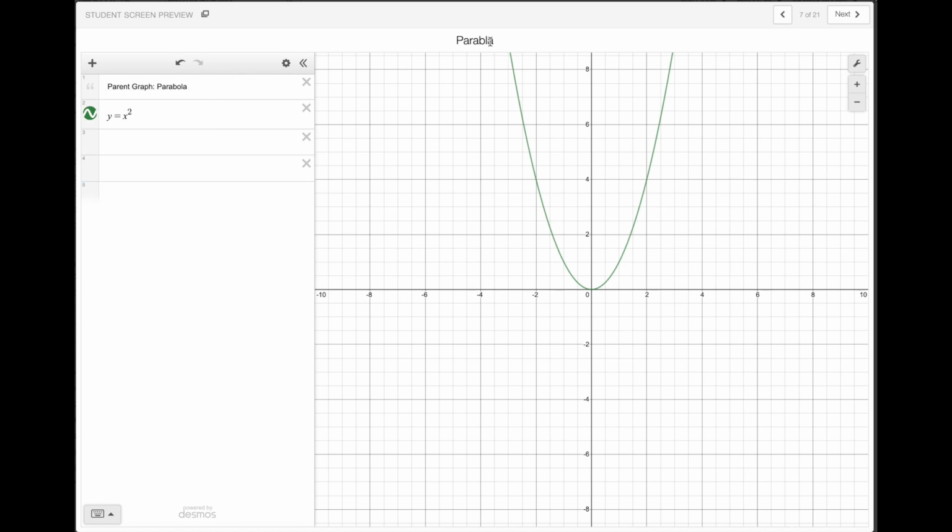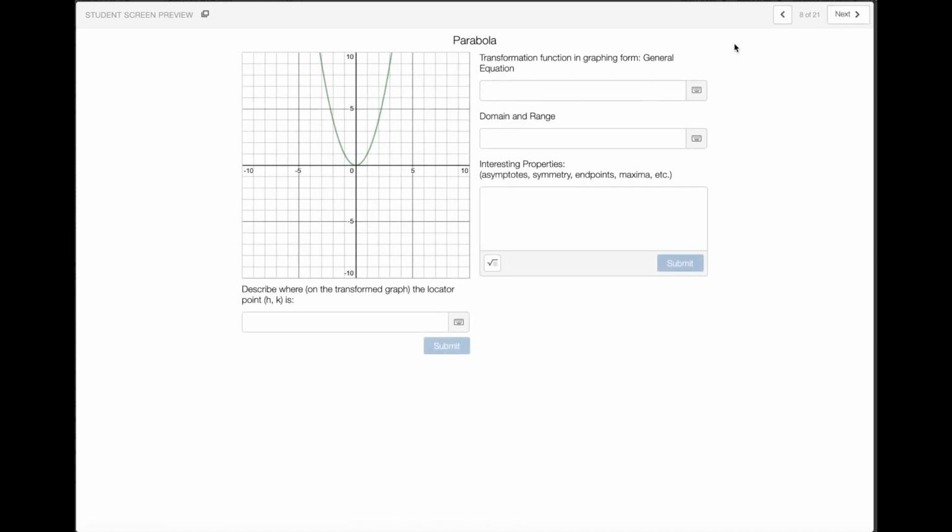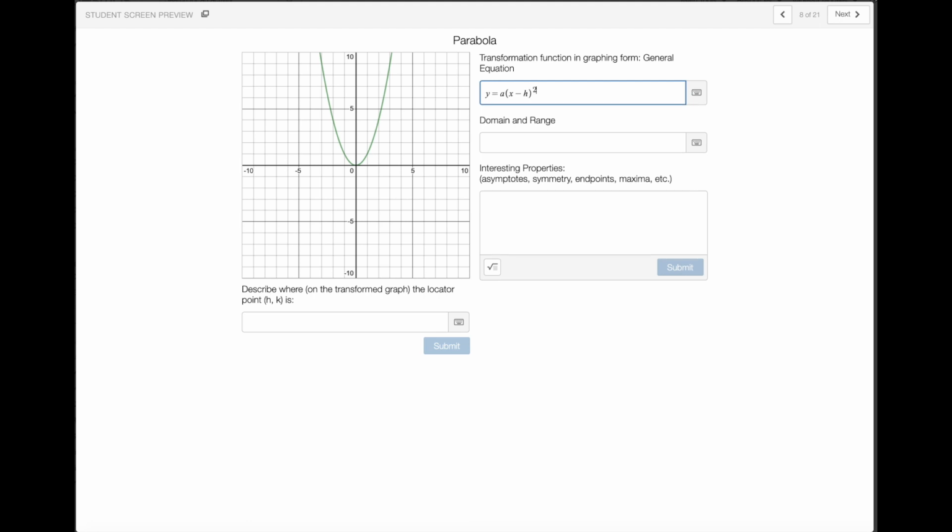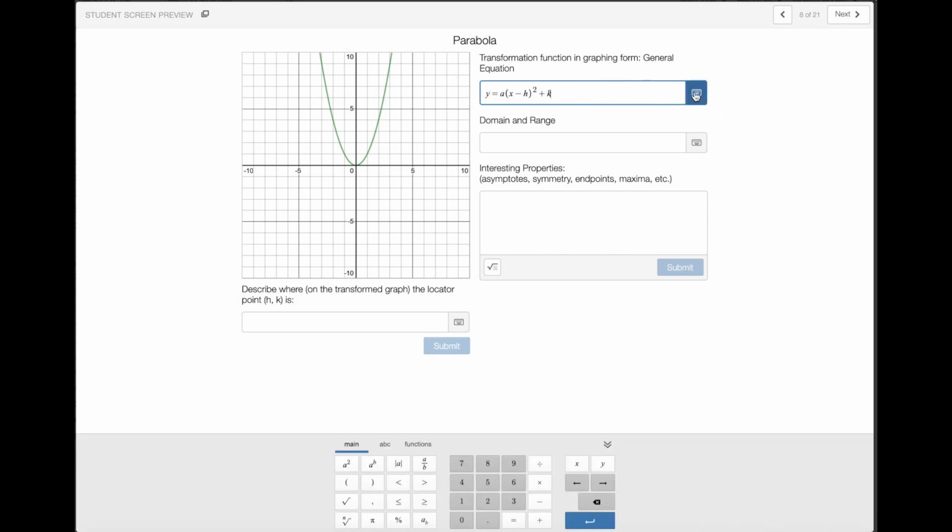And there is a typo. It will be fixed. Okay, so one of the things that we know is a transformation, which is a(x - h)^2 + k. Remember to click submit.